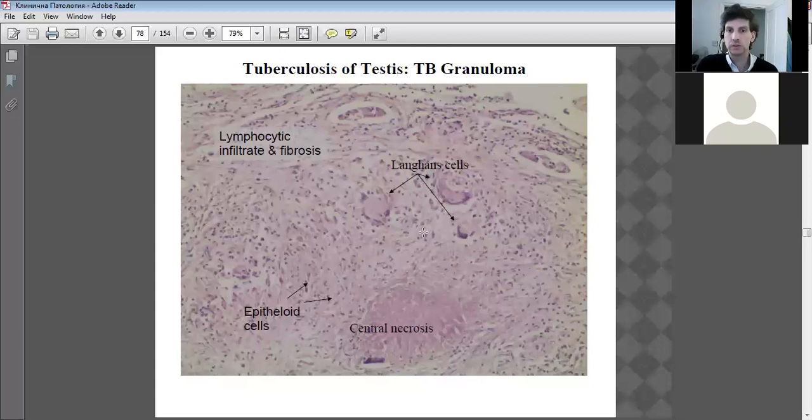So there's some attempt of the immune system to invade this necrotic tissue that's forming. This dark area is dead tissue, necrosis. But these macrophages are making their way towards the center of the mass.